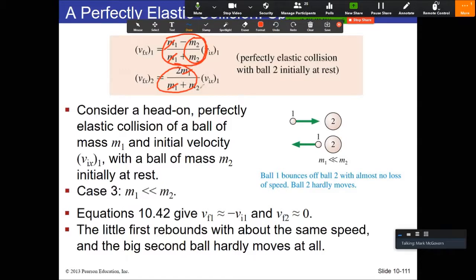The ratio of m1 over m2 is tiny, tiny, tiny. So effectively, ball 2 doesn't move. And if you stop and think about this a bit, this scenario is identical to the previous one. It's just a different ball. The change in momentum is the same here. It's 2mv.